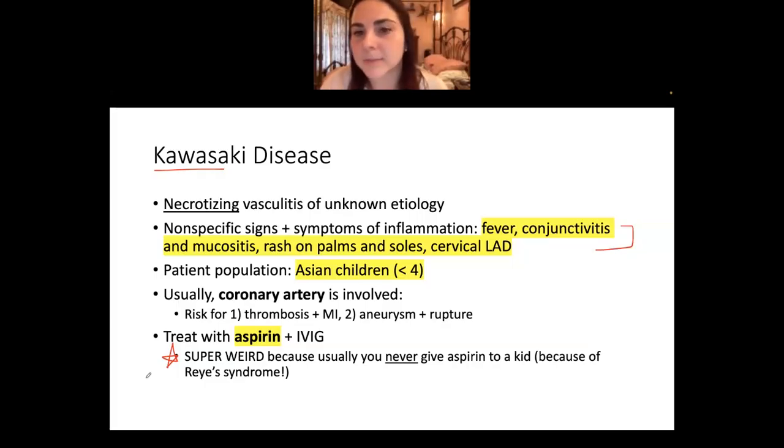So you are never supposed to give aspirin to a kid. And here it is being the life-saving treatment for a disease in children. So that's why it's really important to recognize Kawasaki as soon as possible, because the treatment is really weird for it. You can also give IVIG.